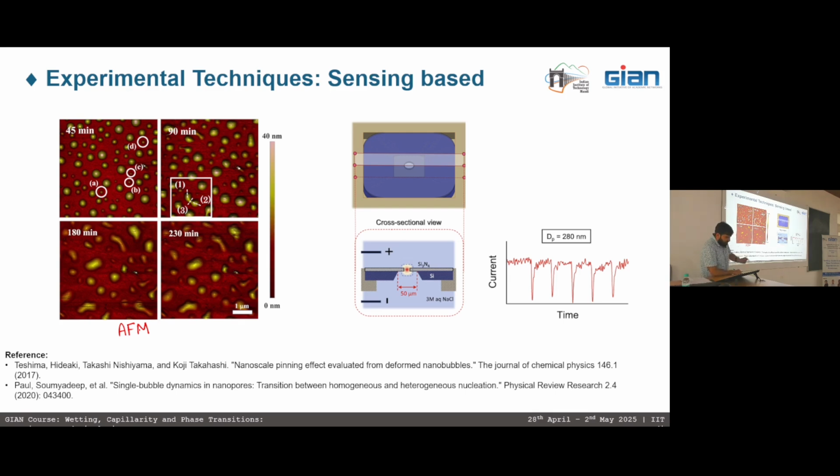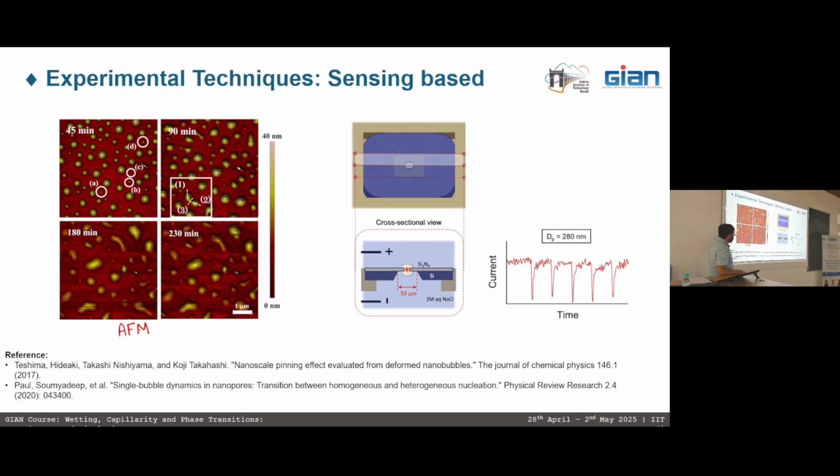Then you put it on a substrate, in this case HOPG, which is highly oriented pyrolytic graphite, and then you exchange it with water. When you exchange this ethanol, which is highly supersaturated with gases, with water, the gases tend to stick to the surface, and as it is replaced by water, bubbles are formed because water is already supersaturated with the gases as well. So water cannot dissolve more gases, and then we are able to observe these nanobubbles.